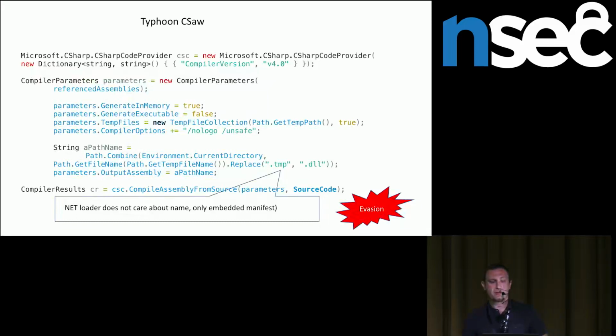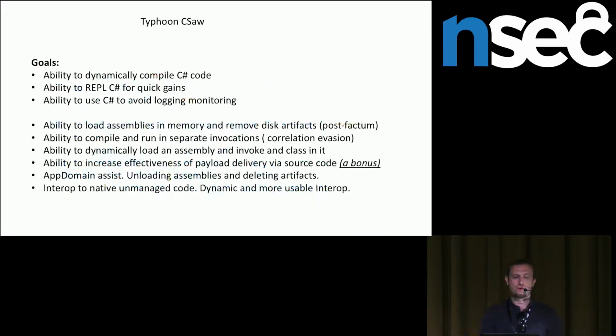And then possibly forcing .NET to compile and run in separate stages, for even further confusion of the defense, because if the sandbox looks at the compilation and invocation in one stage, then they can actually trace it better. And then there are other things that we want to achieve from the operational security perspective, and features that we want in here. So let's go through this one by one.